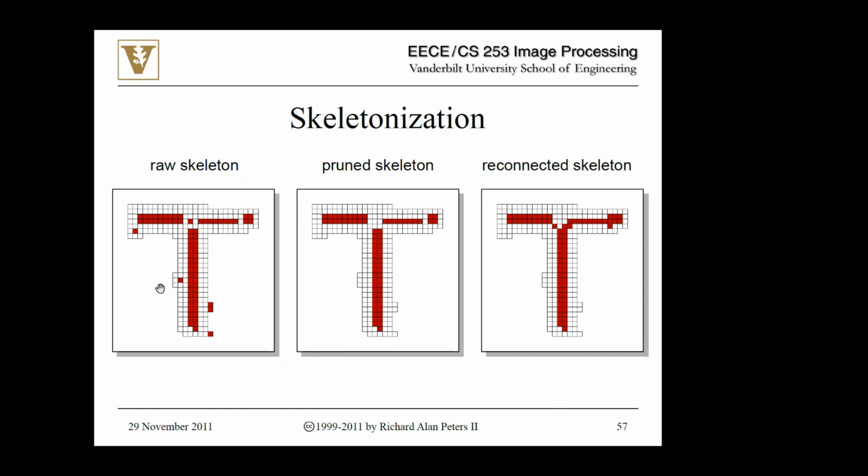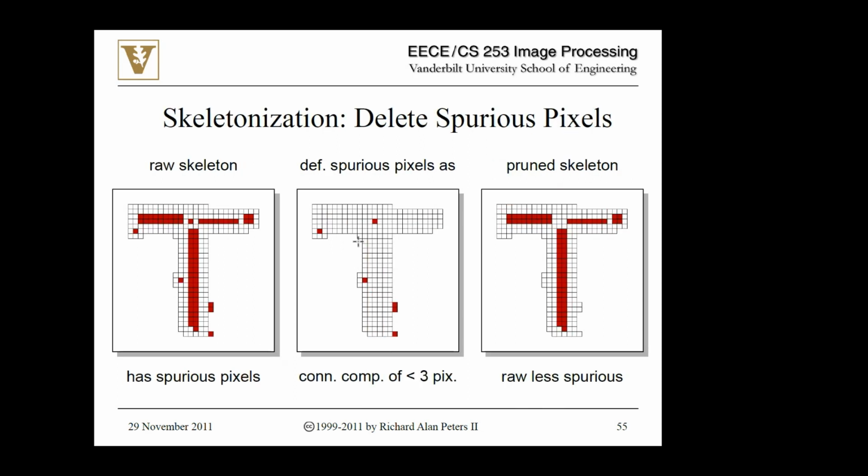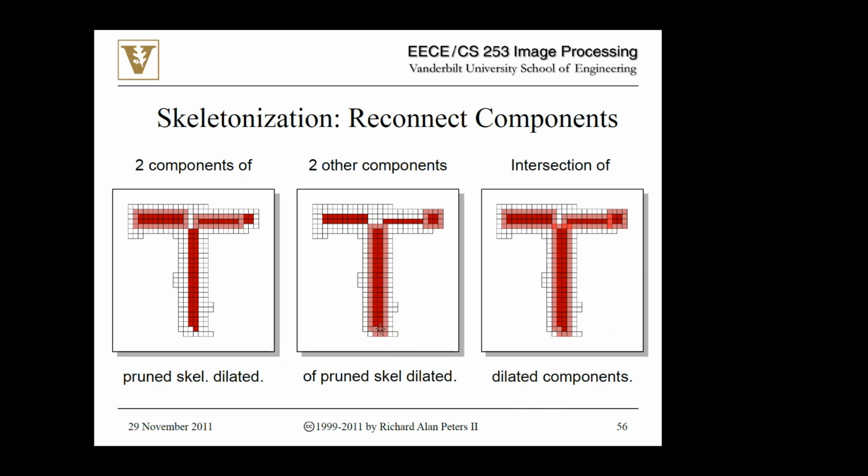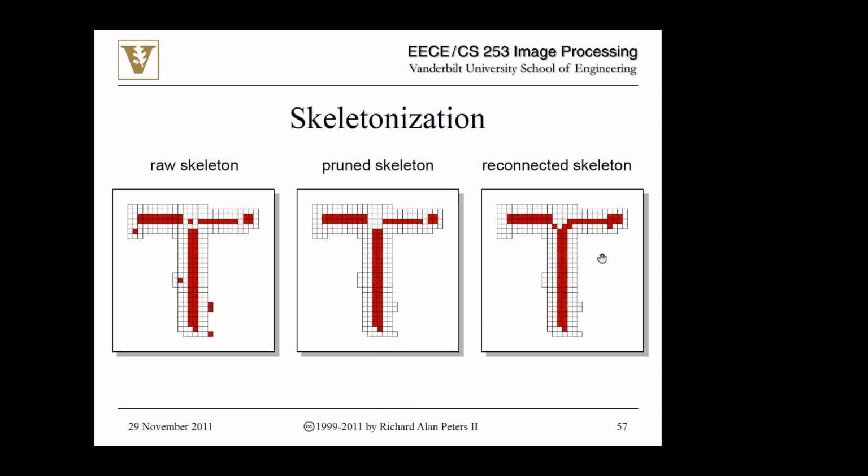So this was the raw skeleton, and this was the full skeleton after removing the small pieces. Then you computed these connecting points with this intersection, and you add the connecting points to the skeleton. Now everything becomes connected.